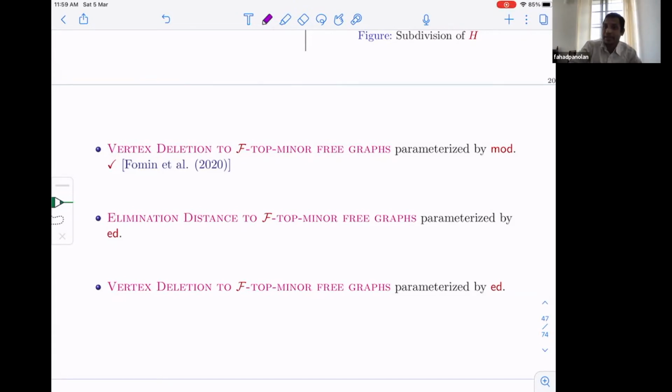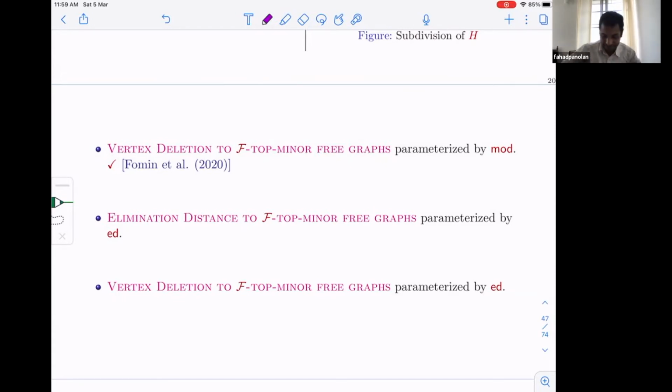So that is the plan. But still, it is also a branching algorithm. At the bottom of the branching, we are going to apply Fomin et al.'s algorithm for the deletion version of the problem parameterized by deletion set.